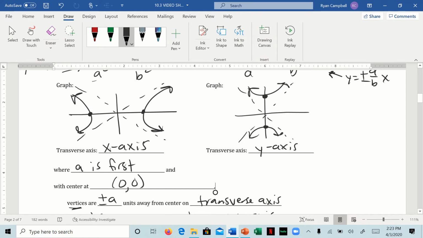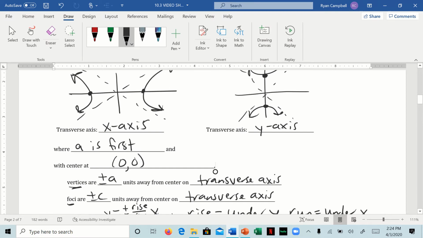And lastly, we still haven't talked about how to find c. So remember, this time for a hyperbola, which one's further away? Is it the foci or is it the vertices? So we actually see this case, right? The foci are further away. So since the foci are further away, and foci means c, right?